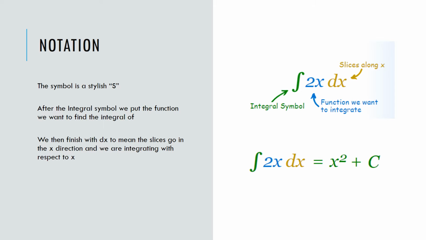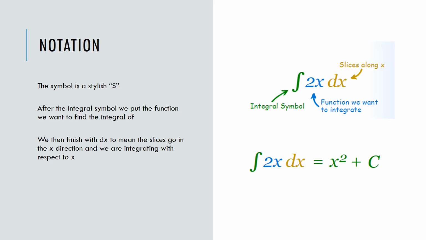The notation of integration looks a little bit more complicated than differentiation. There's a somewhat stylish S symbol at the very front. This is the integral symbol. After the integral symbol, we put the function that we want to find the integral of. So in my simple case here, it's 2x.